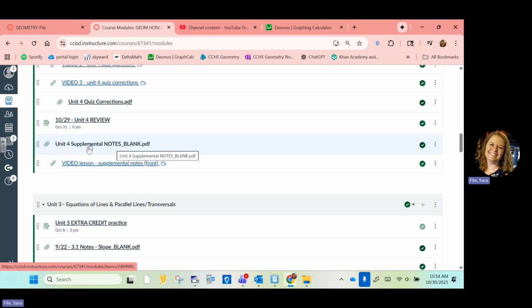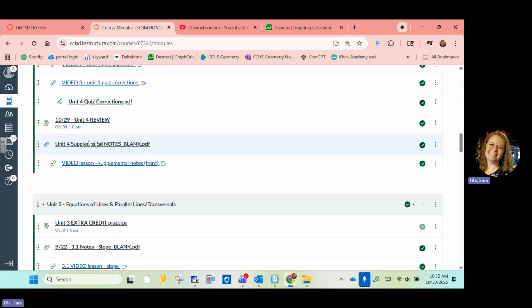Okay, this is just some add-on notes of things I have noticed a lot of questions about. So it's like when there's lots of overlapping segments, or perpendicular bisector was on there. And then I don't have time in class to go over these additional notes. These are things we have talked about. They use theorems and rules that we've been using all year, but sometimes y'all are struggling to apply them to different situations.